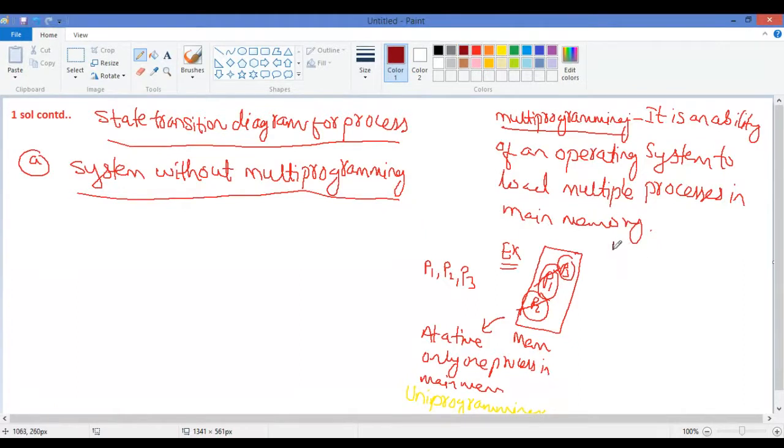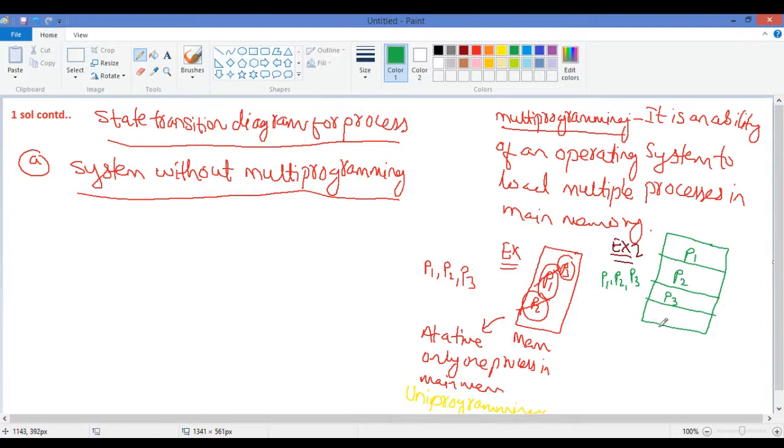Now I will give you another example. In example 2, suppose you have main memory and you want to execute three processes: process P1, process P2, and process P3. Now the operating system has the ability to simultaneously load multiple processes in main memory. You see, three processes are there at a time.